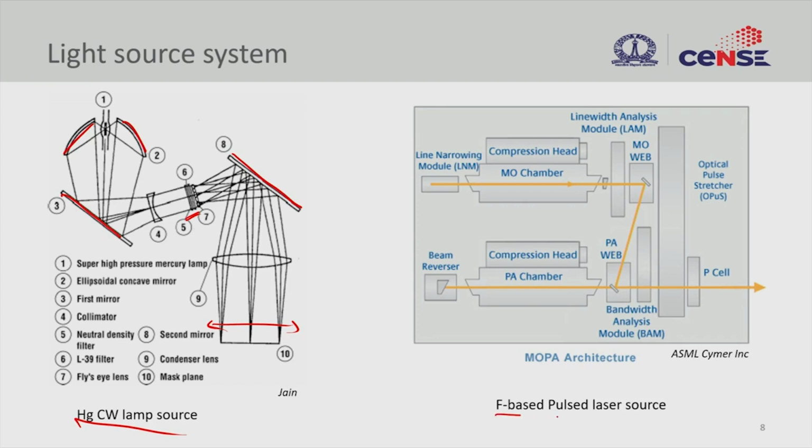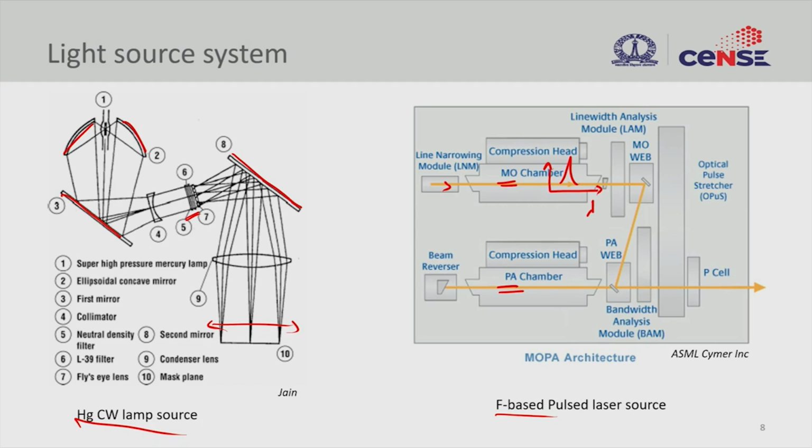But if you look at the halide-based or fluorine-based system, it has a chamber. So this is a master oscillator and this is a power amplifier. You have an external pump signal which goes through this master oscillator, and this master oscillator creates that particular pulse, the particular wavelength that you are interested in, and then it feeds into this power amplifier, right?